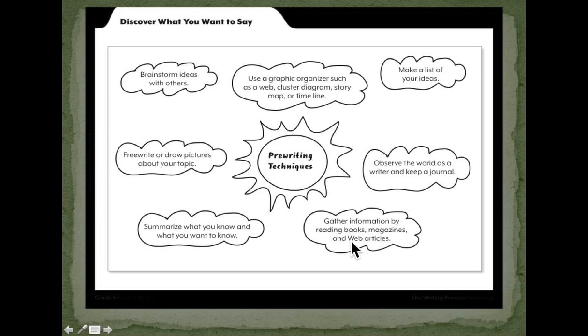Reading definitely makes you a better writer. Make sure that you summarize what you know and what you want to know. You can do some free writing or draw pictures about your topic. Sometimes that helps inspire. You can brainstorm ideas with others. And finally, you can use a graphic organizer such as a web, cluster diagram, story map, or timeline. And we'll practice some of those things when you're back in class.